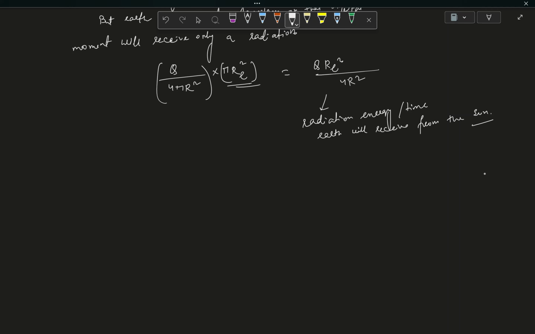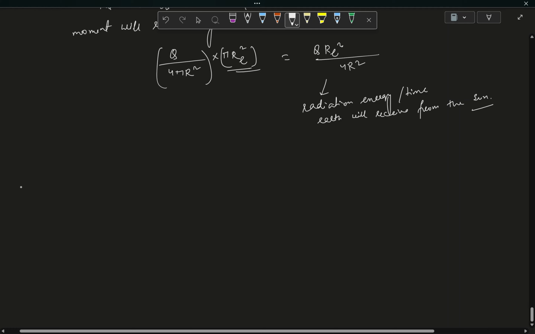So Earth is also a black body, right? Whenever it is absorbing energy, it is also capable of emitting energy. And if Earth has to be in thermal equilibrium, then the rate at which it absorbs energy from the Sun's radiation has to be the same as the rate at which it emits the energy from its surface, right?